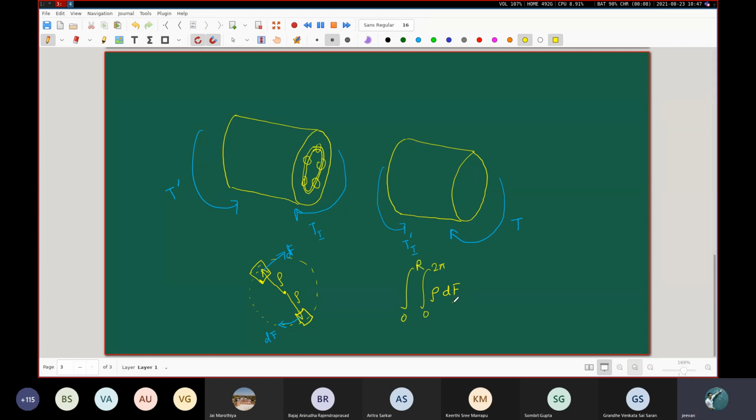Now you tell me what is actually giving rise to this dF. We have just written this as dF, but how is it generated? Please remember what we have discussed in the earlier slides. We had talked about the generation of the shear stresses.